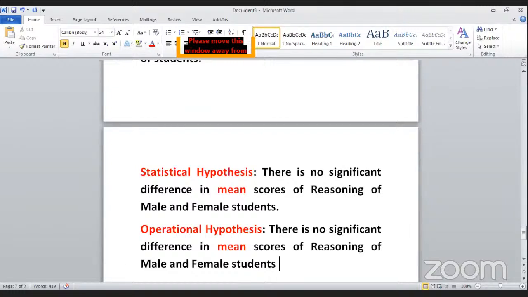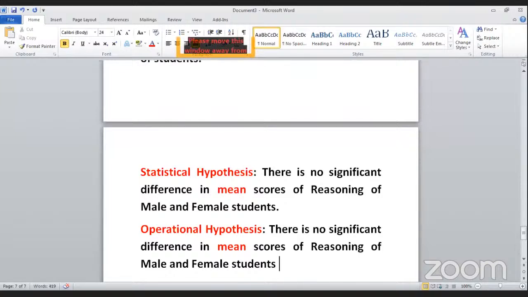I repeat, here the researcher has to get the data of the reasoning because he has to calculate the mean, and reasoning is a continuous variable. So therefore, he has to have a tool to assess the reasoning.